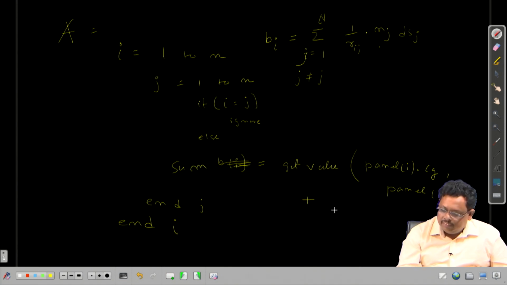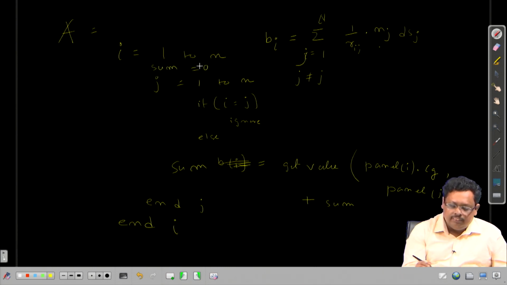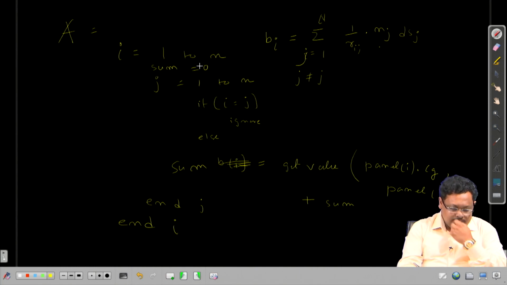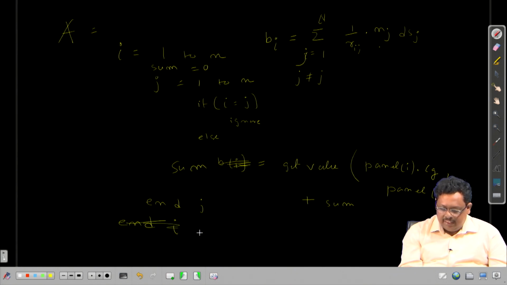So, you have to say sum equal to this value plus sum, and each time you make your sum equal to 0, right. When you enter here the sum equal to 0, and then for all j it will get a value, and before it is end of i you can call your b i equal to sum, and then you can write your end of i.